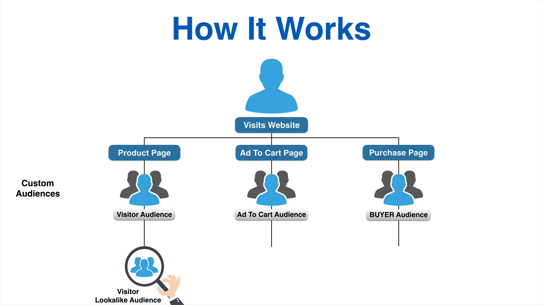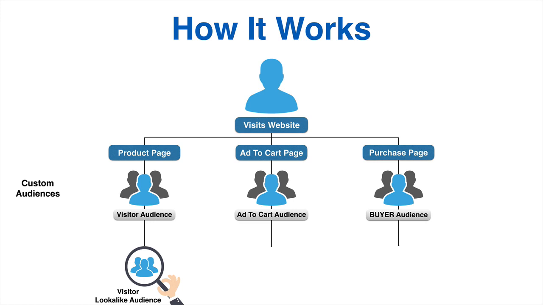So I say that you really do need 1,000 or more clickers to your website. After you get about 1,000 people visit your website, Facebook can probably have enough data to create you a good lookalike audience, okay? And then the next step is, of course, add to carts.